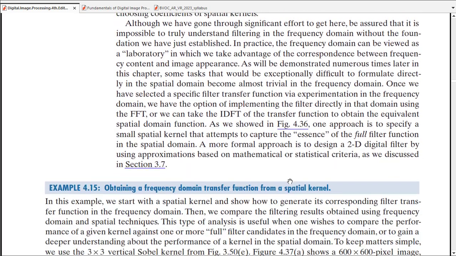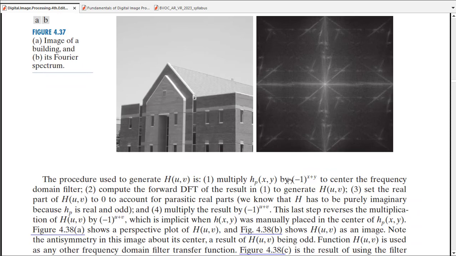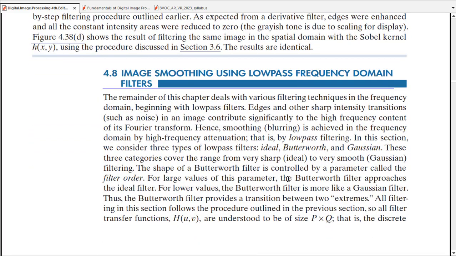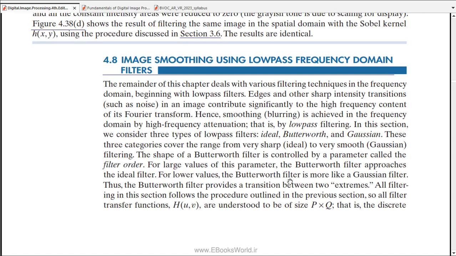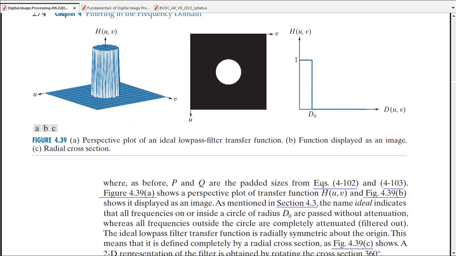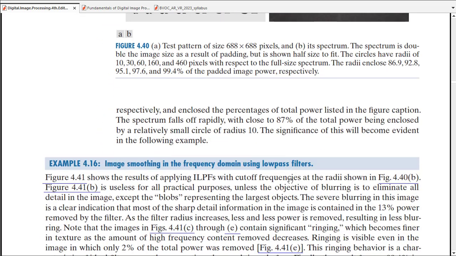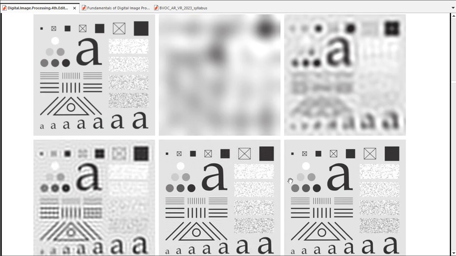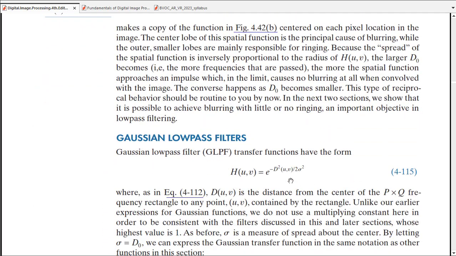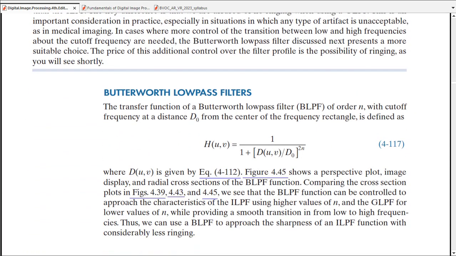What are the major advantages of the frequency domain, this Fourier spectrum? Image smoothing using low pass frequency domain filters and ideal low pass filters, and then high pass sharpening and high pass filters, Gaussian low pass filter, Butterworth low pass filter.